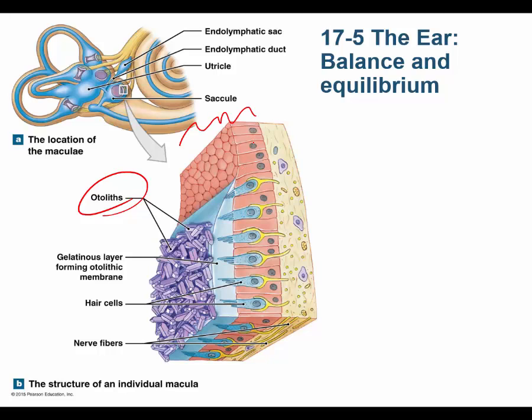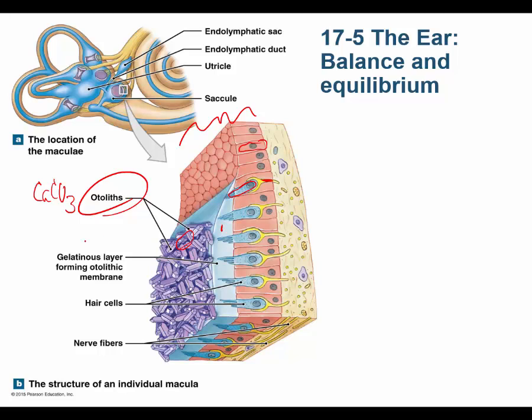So my otolithic membrane is made of these supporting cells, these hair cells, and the neuron. And this gelatinous material is part of the otolithic membrane. My hair cells are embedded into it. Now, this gelatinous material is made heavier by these calcium carbonate crystals, these stones. These ear stones are calcium carbonate crystals. That's what they are, is calcium carbonate.